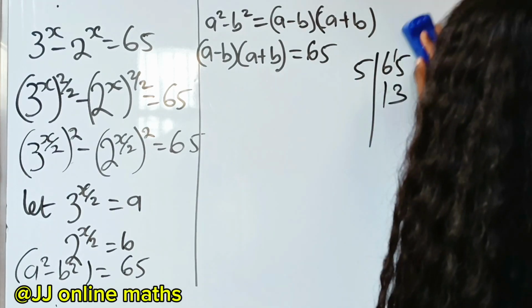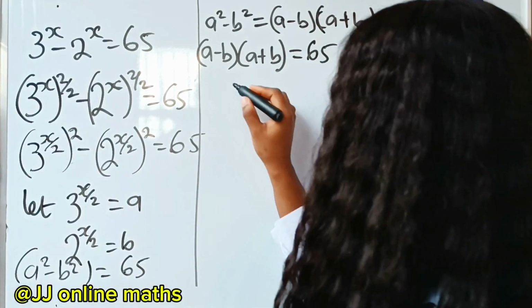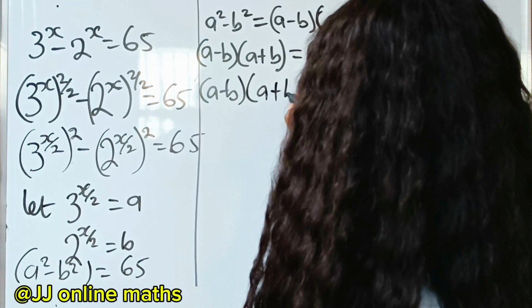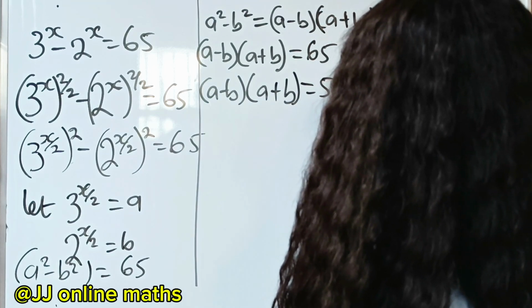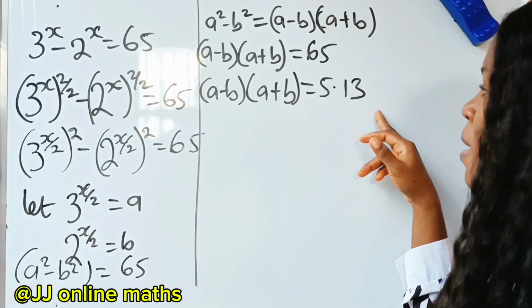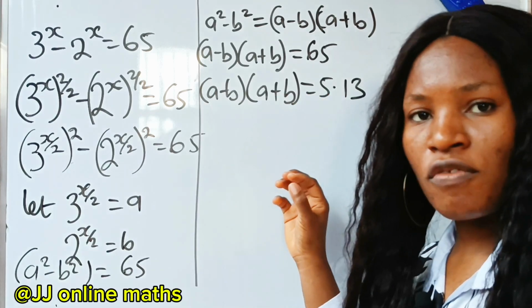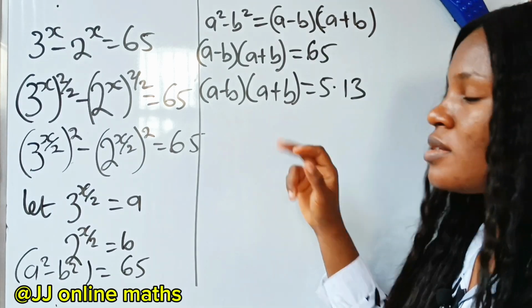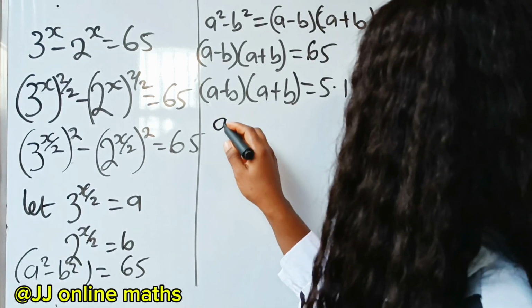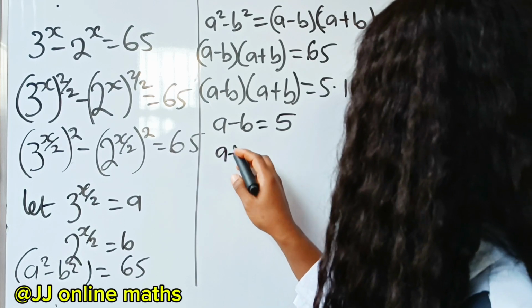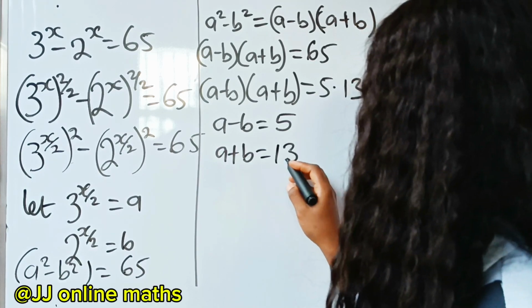So we now have that a minus b multiplied by a plus b is equal to 5 multiplied by 13. We use 5 multiplied by 13 because obviously a minus b is less than a plus b, right? So we can now say that a minus b is equal to 5, while a plus b is equal to 13.